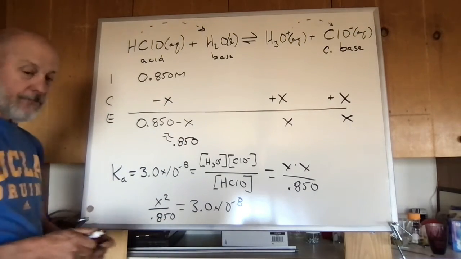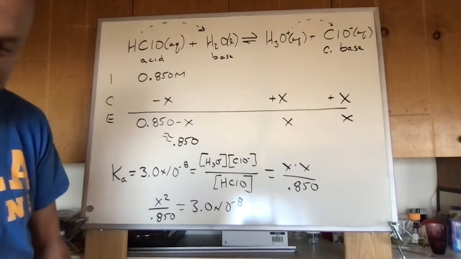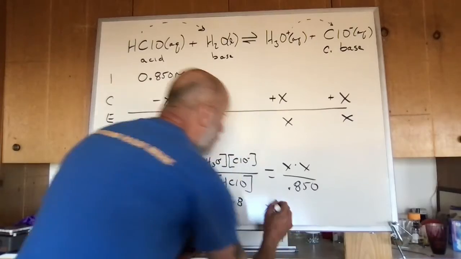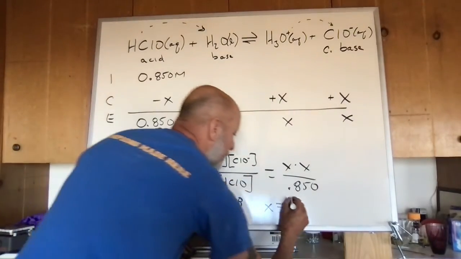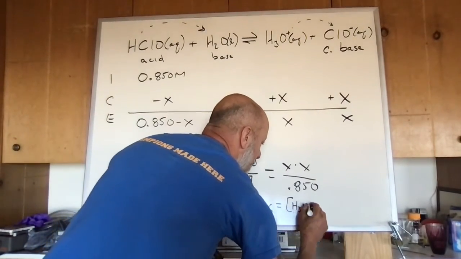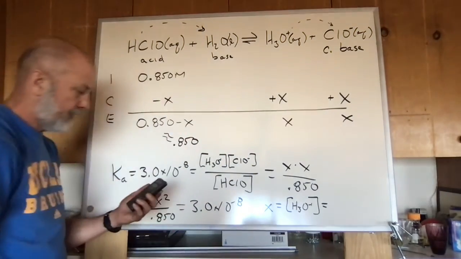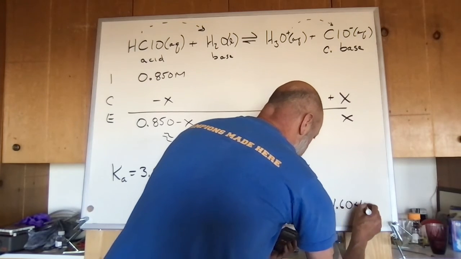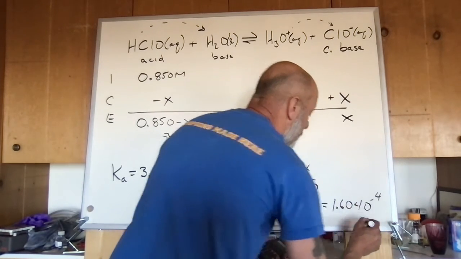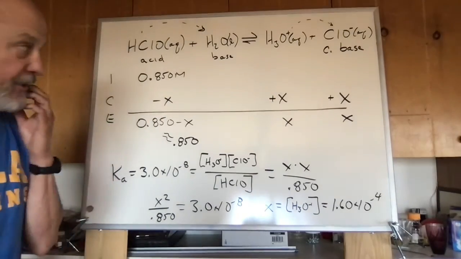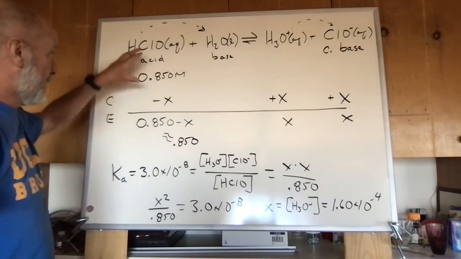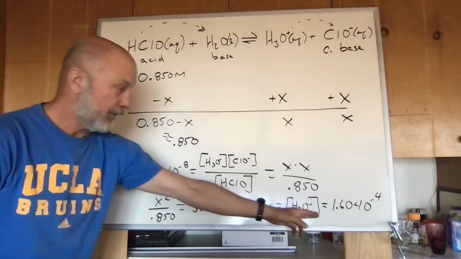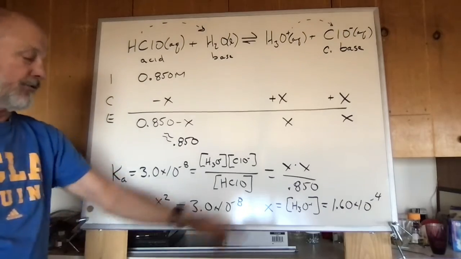Multiply both sides by 0.85 and then take the square root to find X. And the value I get is X, which is equal to the hydronium ion concentration, equals 1.60 times 10 to the minus 4 molar. So notice the difference, weak acid, strong acid. Strong acid, all of it was hydronium. Here, out of the 0.850 molar I had, only 1.6 times 10 to the minus 4 is hydronium.